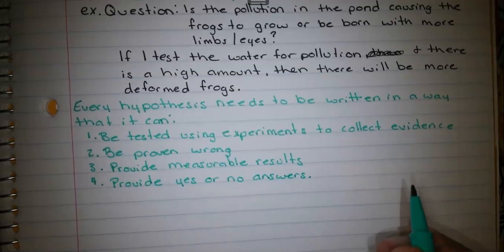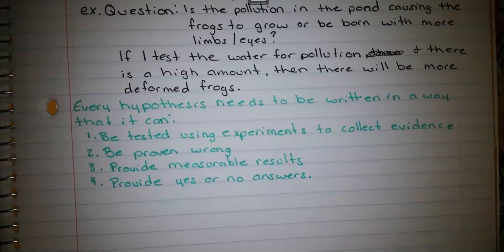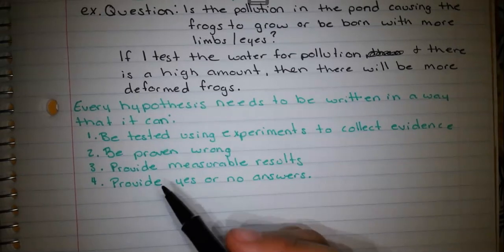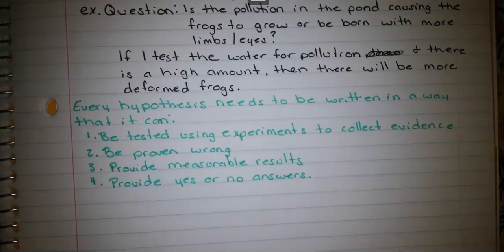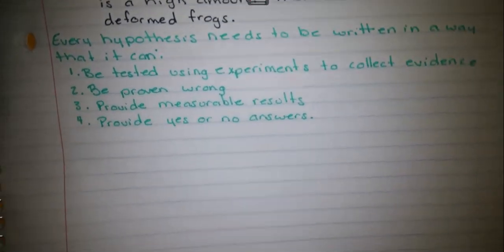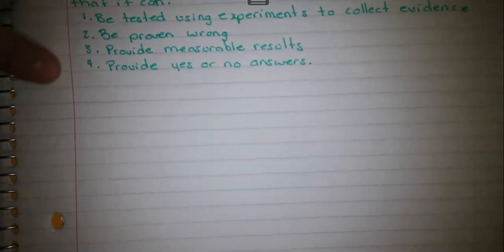Of course, whenever we're writing the conclusion, we're not just going to do a yes or no conclusion, right? We have to elaborate. So a really, really good example of this would be the following hypothesis. And it does cover all four. Let me move it up. So it needs to cover all of these four.